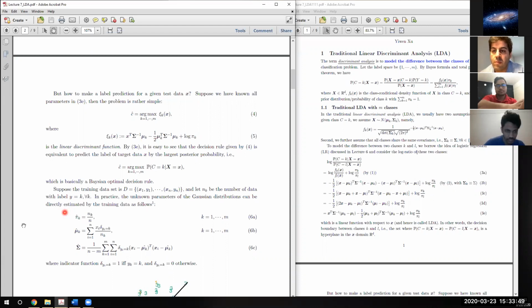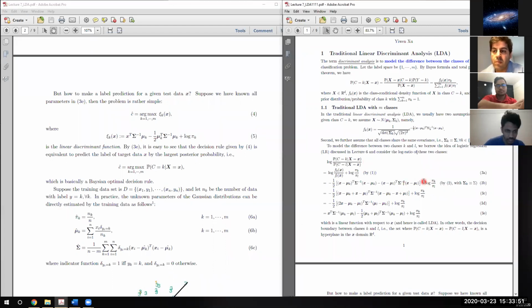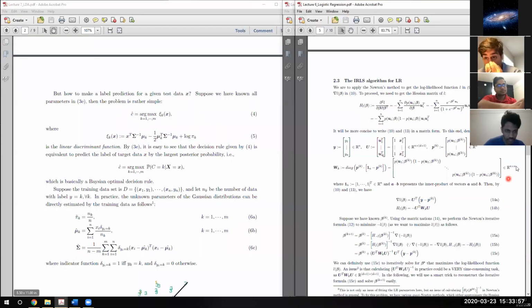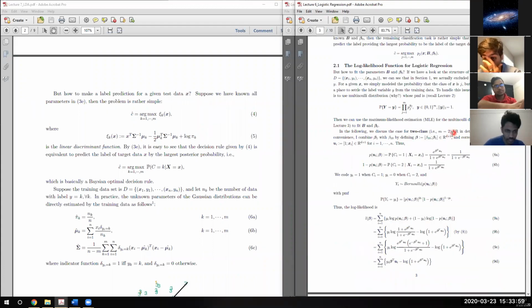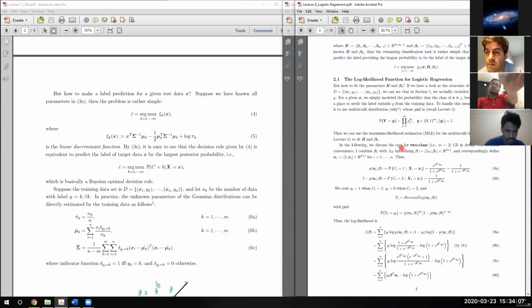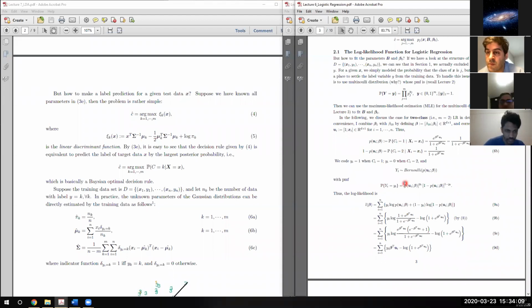But the problem is that compared with the logistic regression, what did you see? Where's the logistic regression? It's here. So here is the modeling part of the logistic regression. The key difference is that here I use the multi-Bernoulli distribution, and of course, if I have 2 classes, it's going to be simply the Bernoulli distribution, which is here.